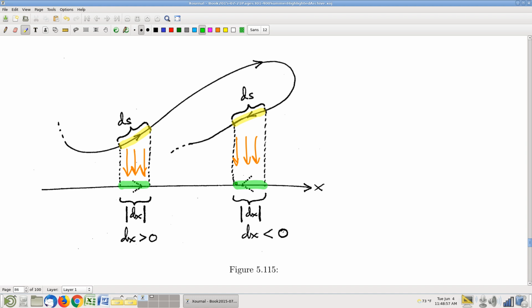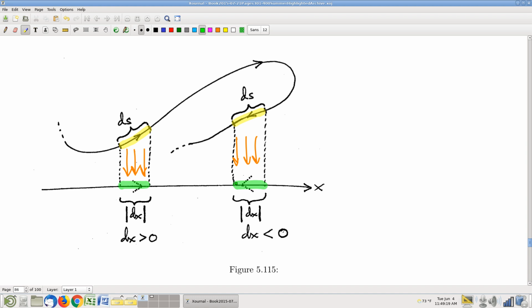Now on the x-axis, the size of the projection is the absolute value of dx. Okay, now, I know it's weird. I know, why would we do this? What's the point? This is much more unnatural than thinking about it as just a change in the x-coordinate. I agree.